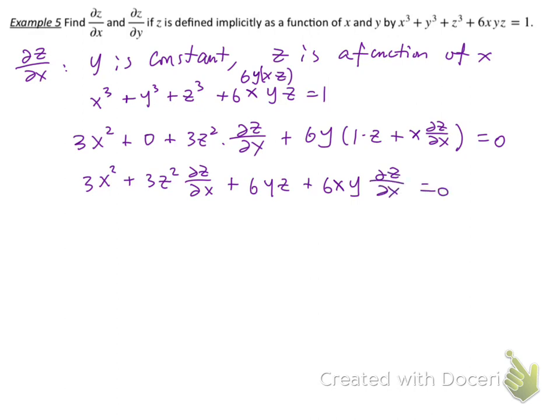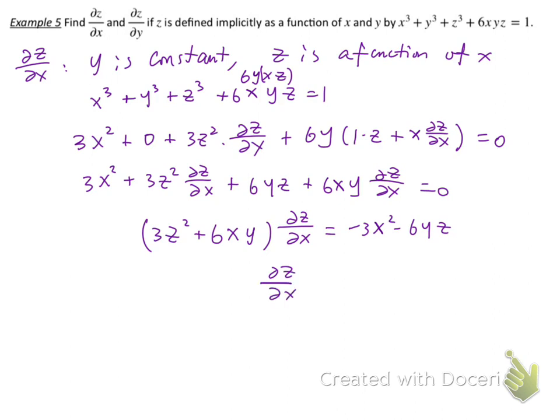And I am going to keep the partial z partial x terms on my left, 3z squared plus 6xy times partial z partial x. And I'm going to throw the other two terms on my right. Then I divide by the coefficient. Partial z partial x equals negative 3x squared minus 6yz over 3z squared plus 6xy.